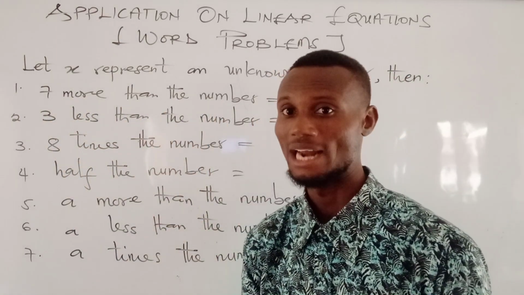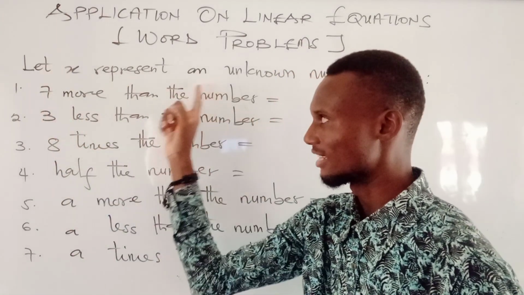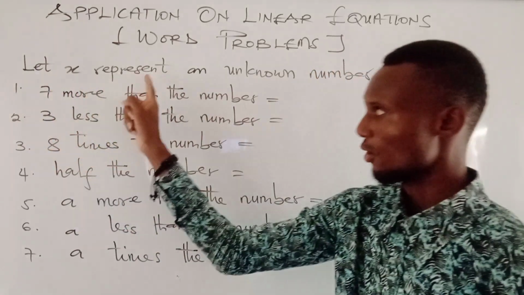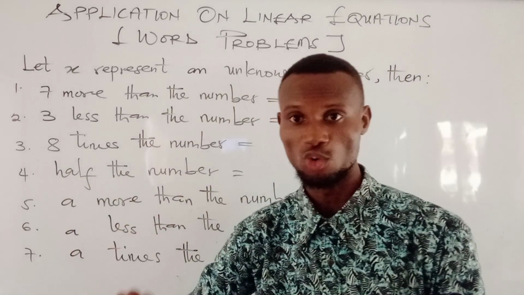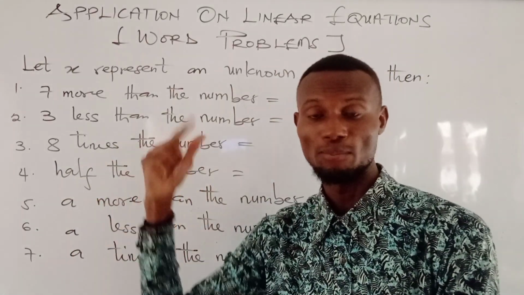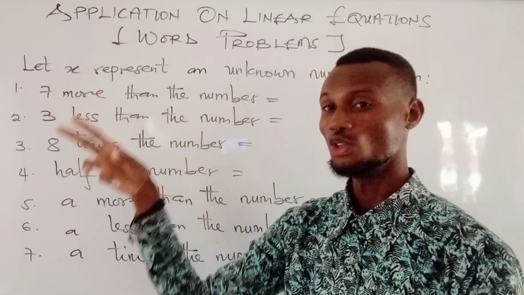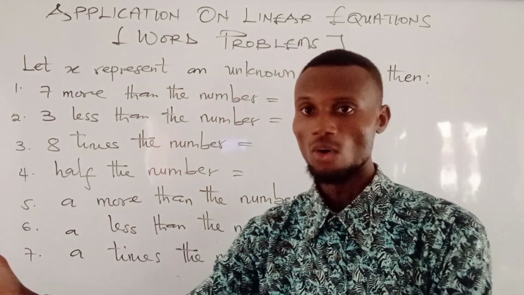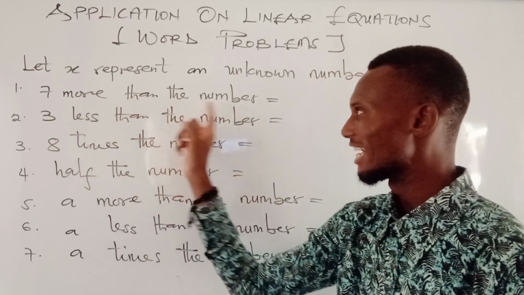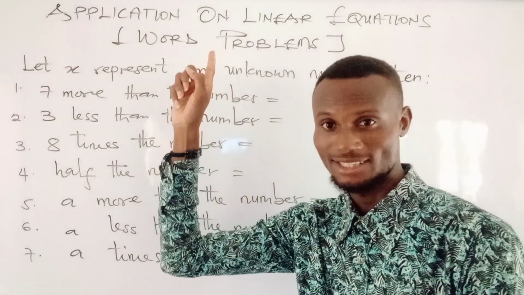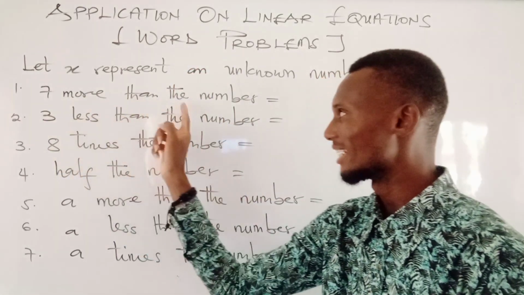What number are we talking about? Don't forget the first statement: let S represent an unknown number. So that number that we don't know is the variable S, because we've used S to represent that number.